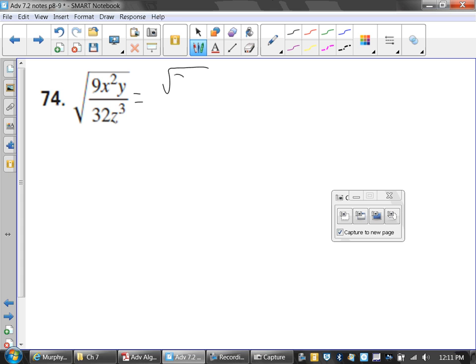Square root of 9 x squared y over the square root of 32 z to the 3rd. What's the square root of 9? What's the square root of x squared? So this becomes 3x root y in the numerator.